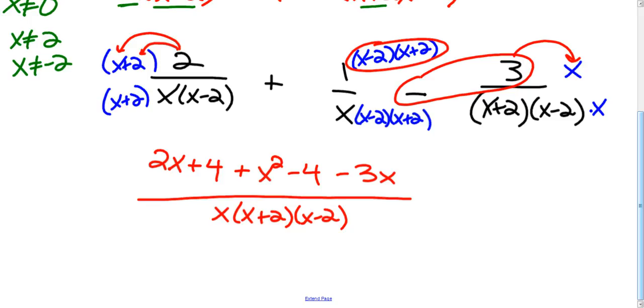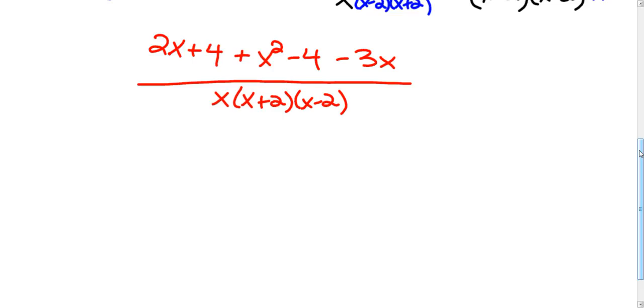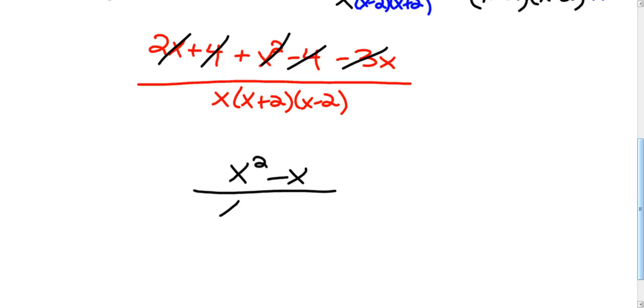Now I'm going to simplify the top as much as I can. If I simplify the top, then I have an x squared minus x on the top. x squared, my 2x and my negative 3x make negative x, and 4 and negative 4 cancel each other out. So that's what I have on the top.